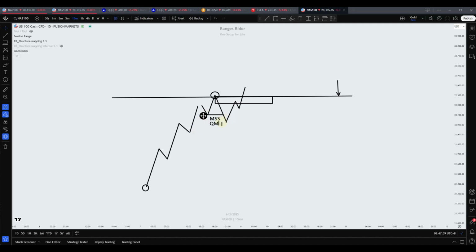Once the price takes the QM, it approaches the DOB or it doesn't approach. DOB is just a point of reference to control the risk, that okay, we are entering here, stop loss here and targeting this one. But it is not necessary that the price must reach the DOB. The price just needs to take the liquidity.